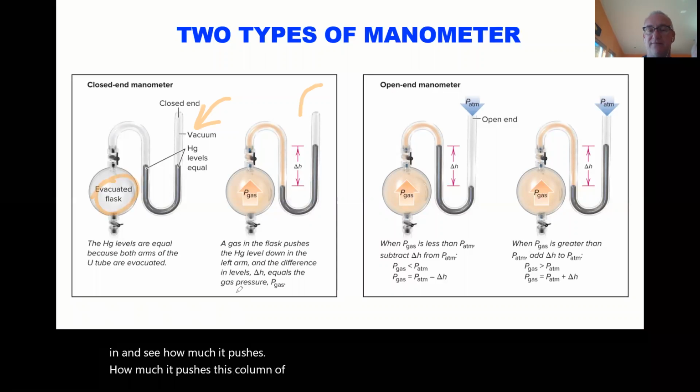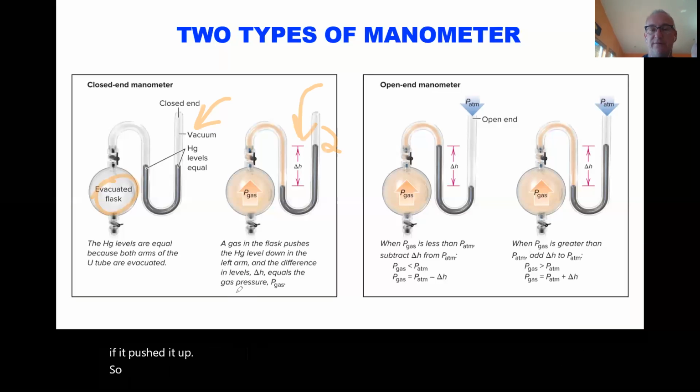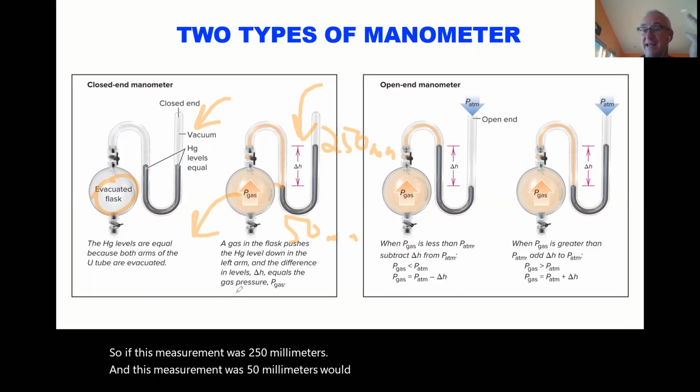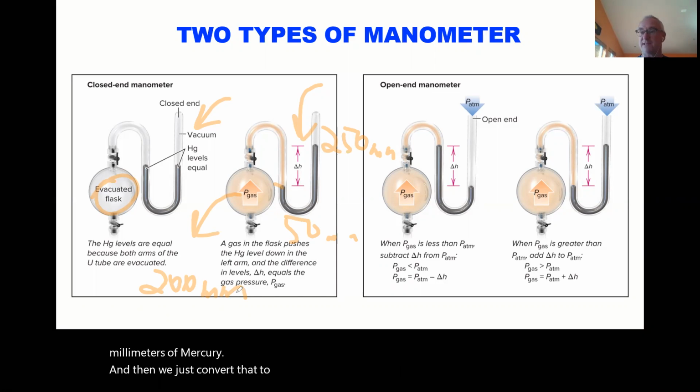And we just looked at the difference in the height. So if this measurement was 250 millimeters and this measurement was 50 millimeters, we'd say that the pressure of the gas inside was 200 millimeters of mercury. And then we just convert that to atmospheres, and that's how much pressure we would have.